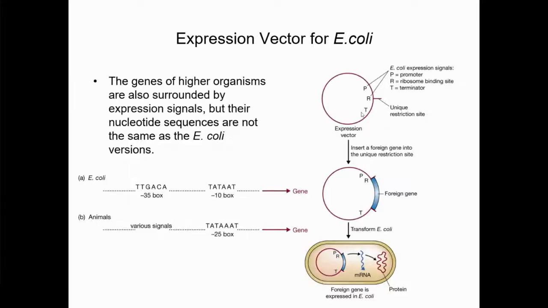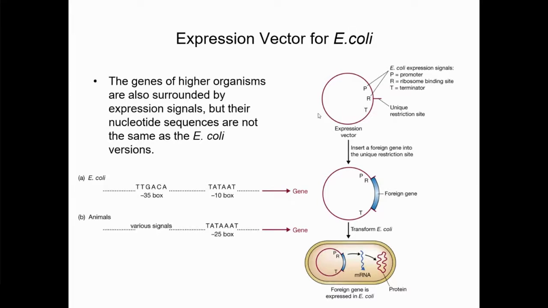Now why is the promoter important? Because the promoter will control the first step of the expression, the transcription. If you have a strong promoter, then you will produce a lot of messenger RNA.